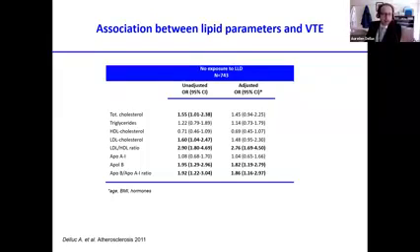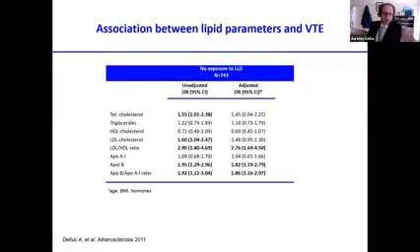And you can see here in this slide that there was an association between elevated cholesterol, LDL cholesterol, and the risk for venous thromboembolism, so a 1.5 to 2.8 increased risk in developing a first VTE event.